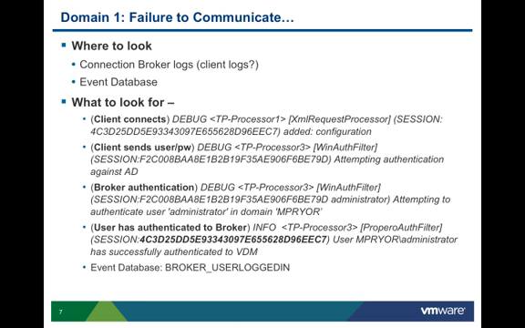The next step, of course, is for the connection server or broker to attempt to authenticate the user to the domain. And here in this next line, you'll see attempting to authenticate the user administrator in domain and prior. So here you can see that the broker has successfully received the username and password and is now passing that on to Active Directory to check to see if the user is entitled to use View connection server.